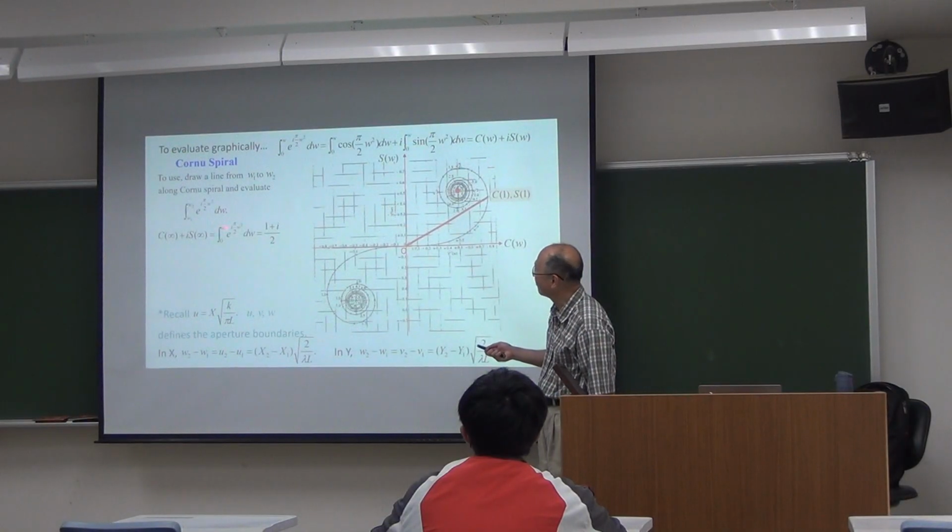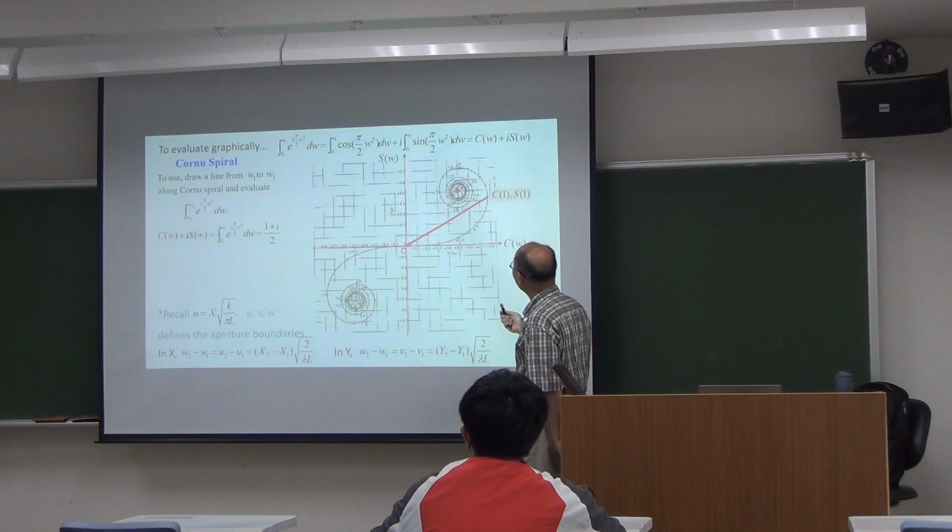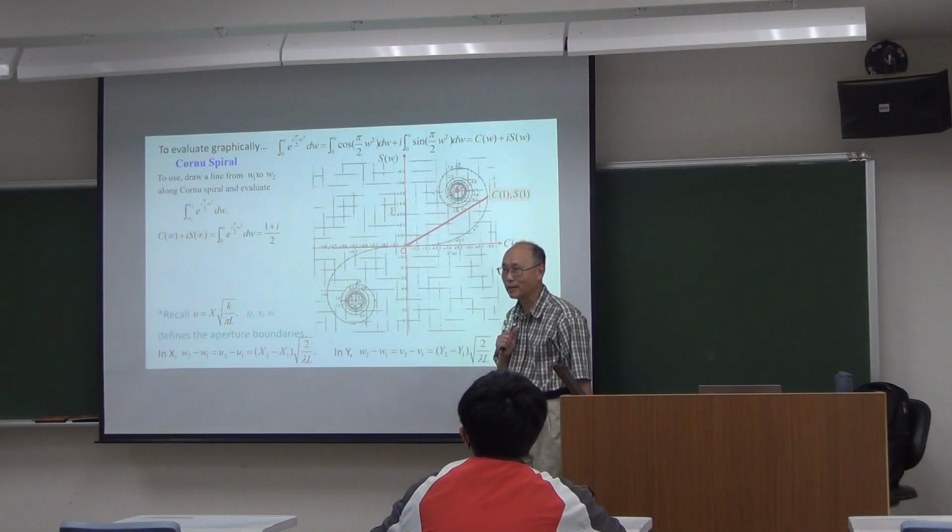For other values, it's going to be along this spiral curve. For example, if you set this value to be 1.5, then the C and S values will be right at this point on the complex plane. Can you imagine that?